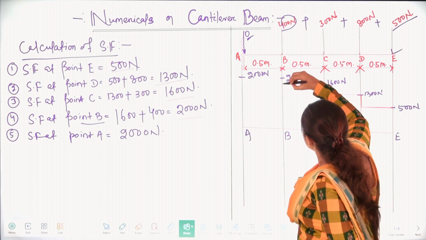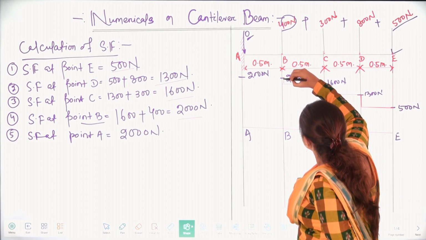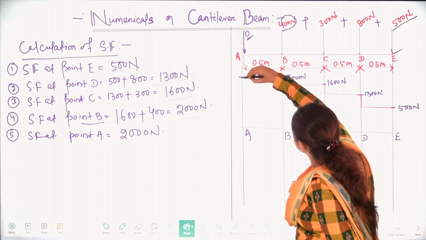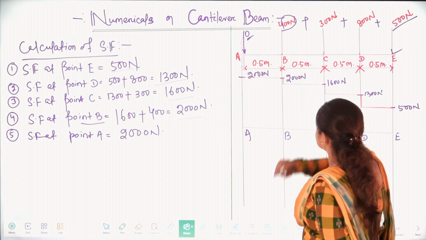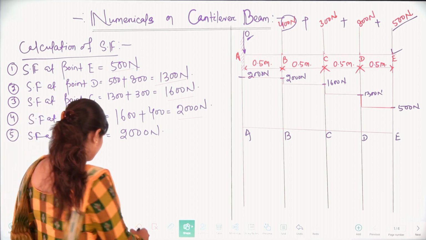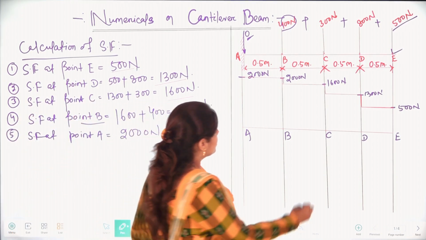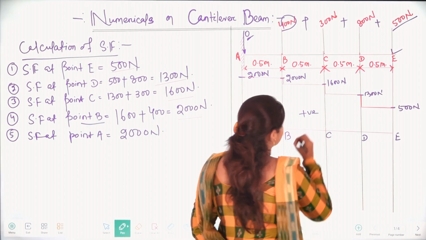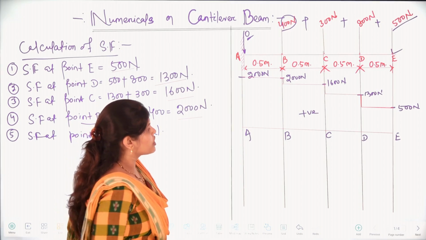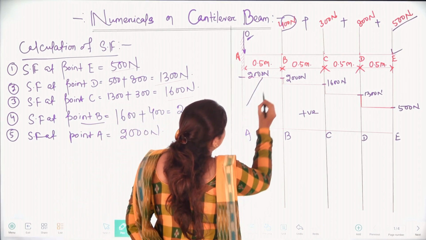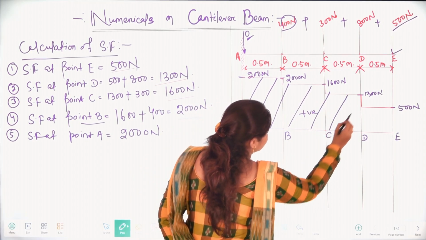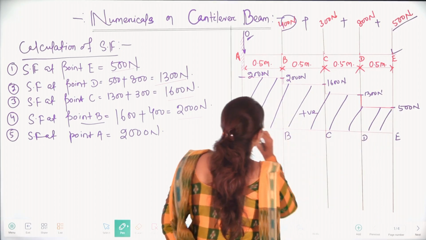As this diagram is linear, we are having the structure like this. Here this is your positive shear force diagram. You can write it here, positive. And if anyone asks what will be your shear force diagram, you can show this part. A to E is your SFD or shear force diagram.